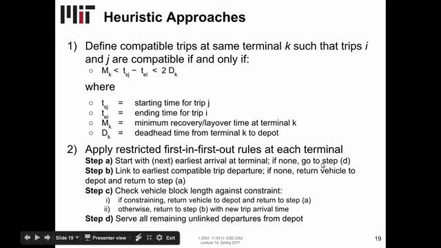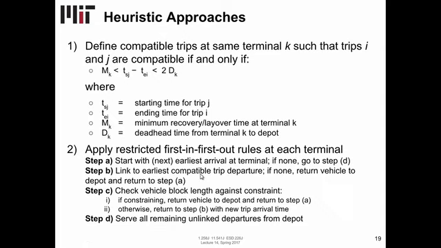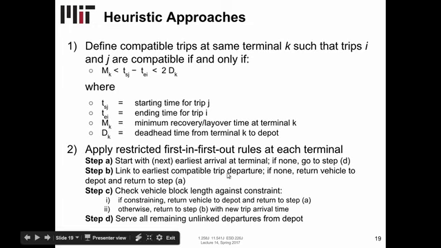If there's no earliest arrival, we go to step D, and basically in step D, we need to pull out from the depot to serve that service. But if there is one earliest arrival, then we link that earliest arrival to a compatible trip departure based on the compatibility constraint or definition that we had.